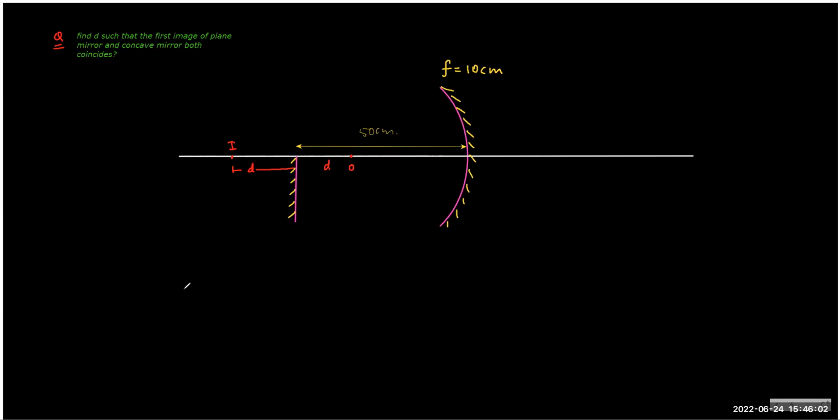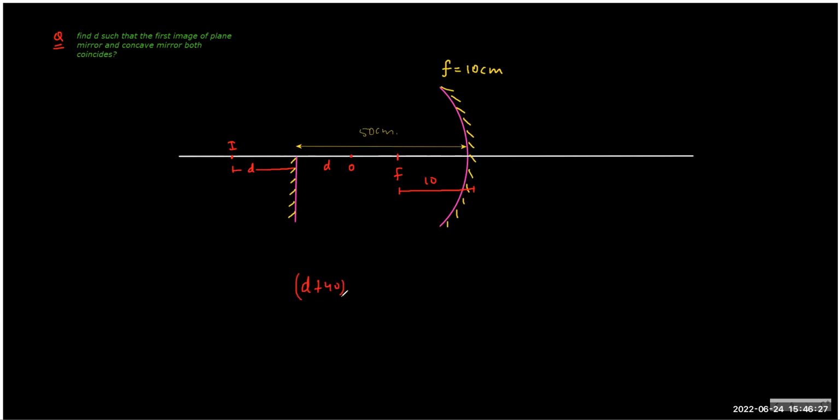So for the concave mirror, f is 10, the rest is 40. So what is the distance of the image from the focal point? D plus 40. Yeah, so it's D plus 40.